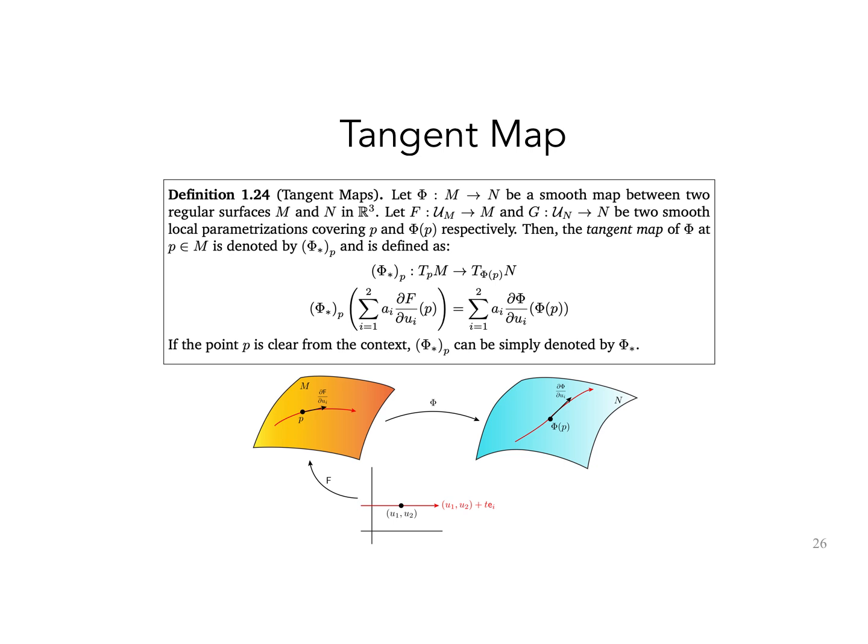In this case, the mapping between one tangent space and another tangent space can simply be defined by the tangential map. Okay, the tangential map is different from the original mapping, which maps the entire manifold.